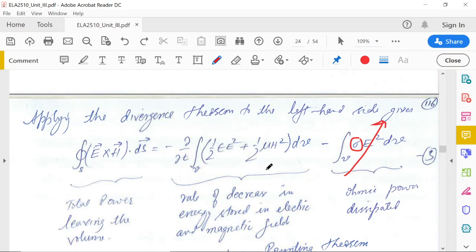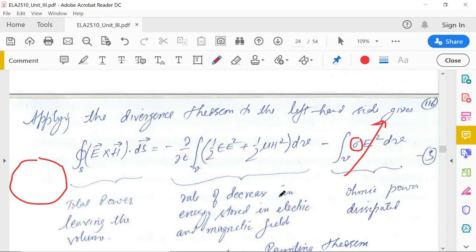It can only be transferred. So if the power is decreasing in the volume, that decrease is coming out from the volume. That is the total power leaving the volume due to this factor.